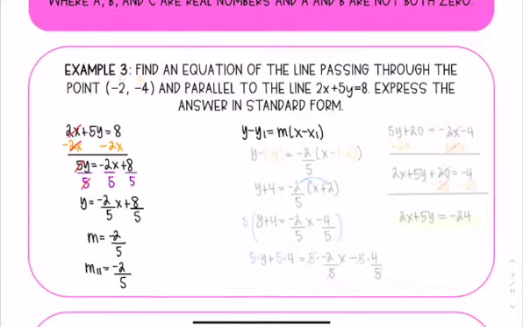We've got our x1, y1 over here, and we have our slope we just found. So we have y minus -4 equals our slope, negative 2/5.